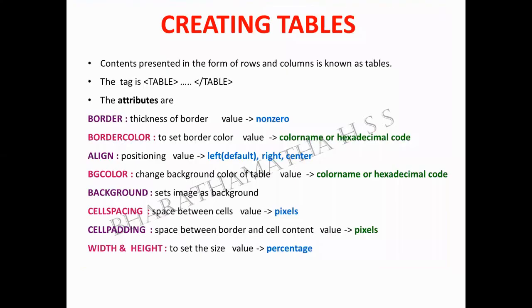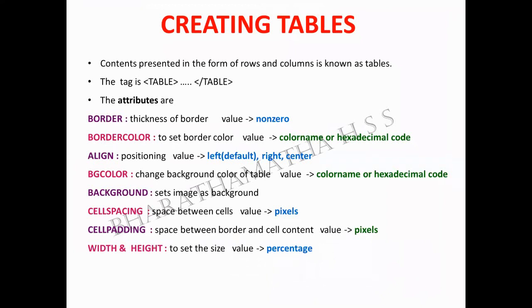Then the next thing we were seeing was creating tables. This was the part that we were looking into. We just saw how to create a table. A table means a collection of items placed in the form of rows and columns. While creating a table, it has certain attributes added along with it.